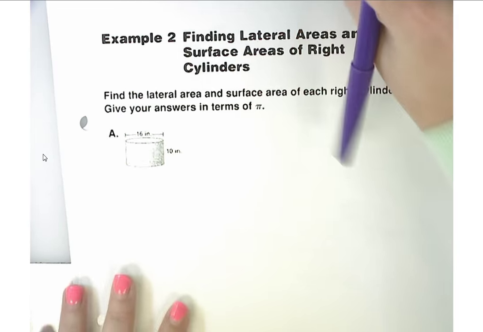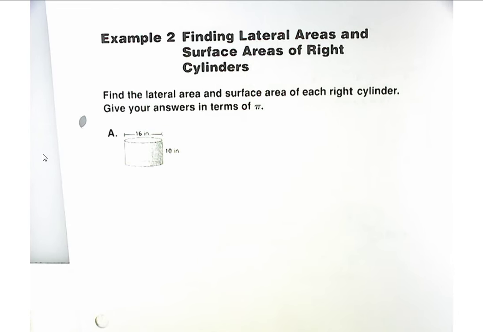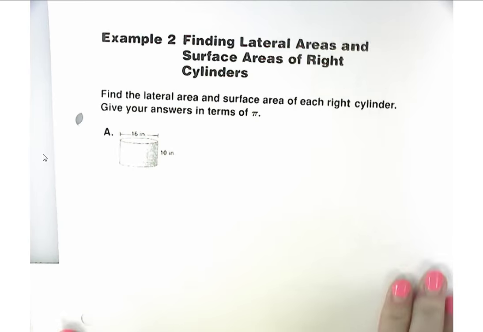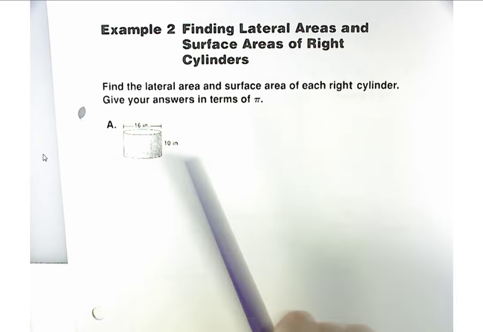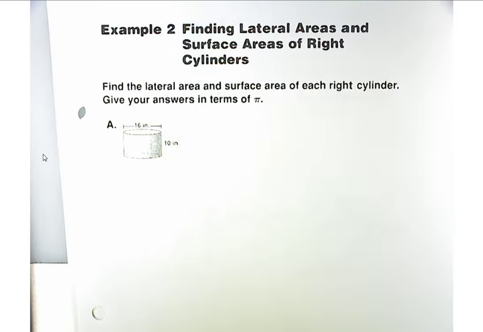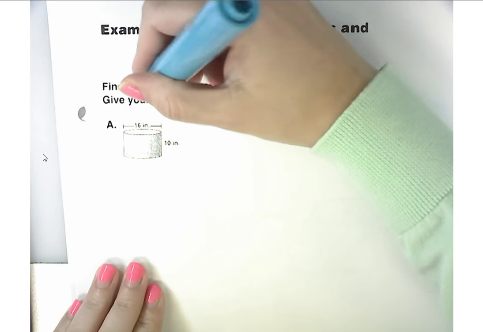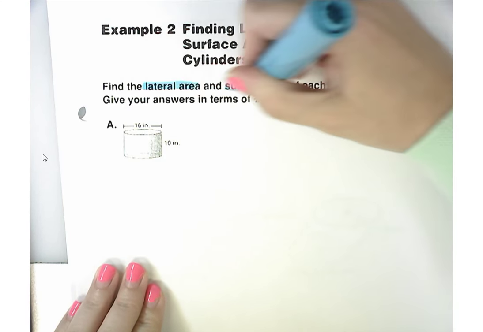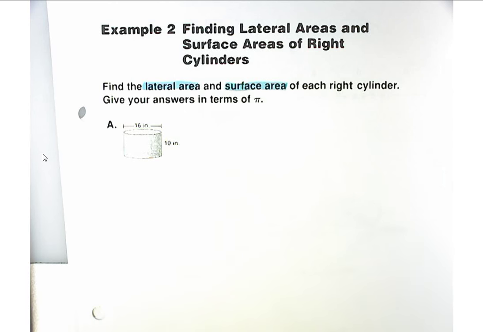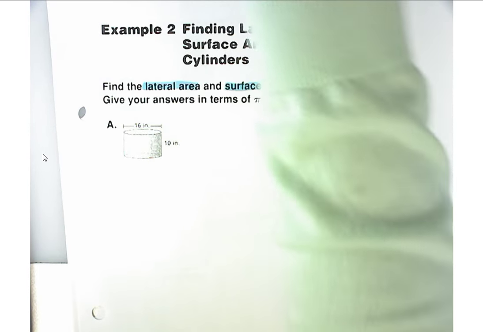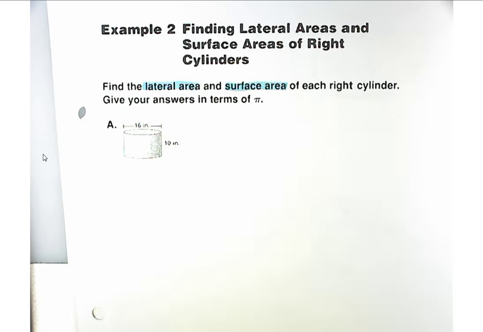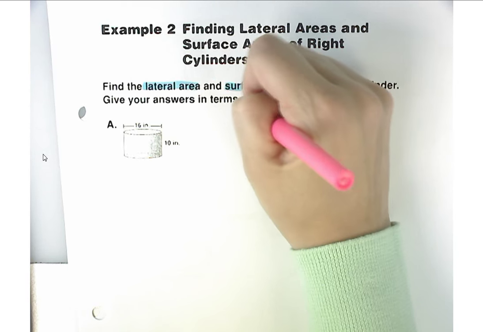All right, so then for example 2, we are going to find the lateral area and surface area. And for this one, you are finding the lateral area and surface area of the following cylinder. And this says leave your answers in terms of pi.